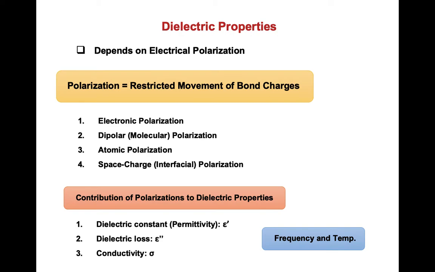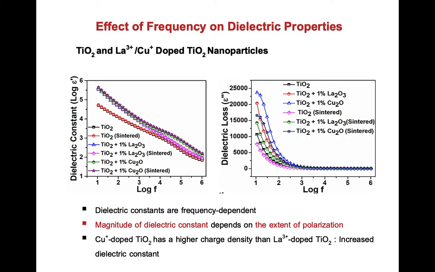The contributions of different types of polarization to dielectric property, like dielectric constant and dielectric loss, are strong functions of the frequency and temperature.